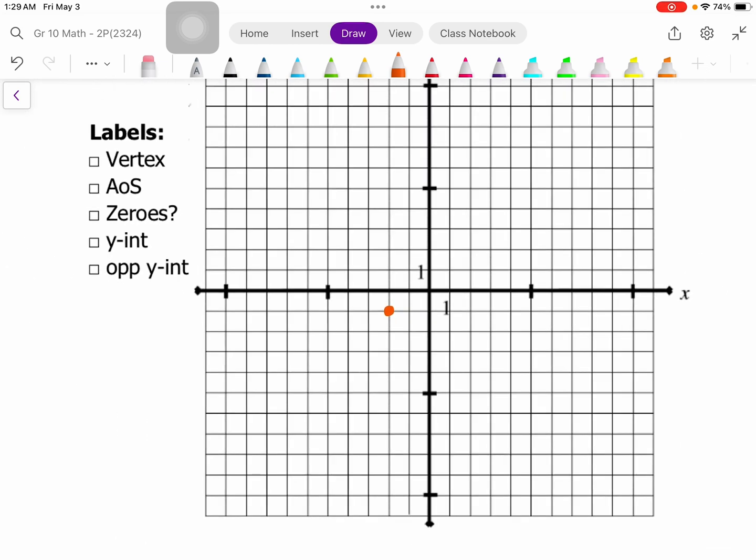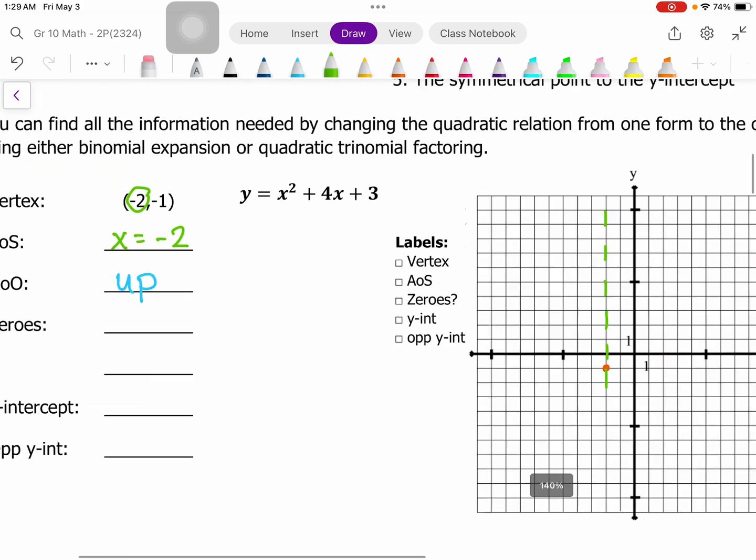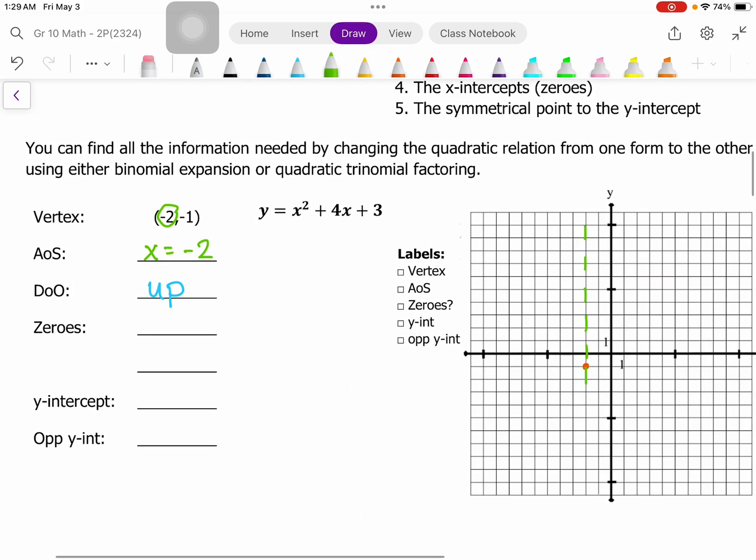And then we can also put in our axis of symmetry at x equals -2. So other pieces of information that I can get from standard form are the c, which is a +3 here, and that is my y-intercept.